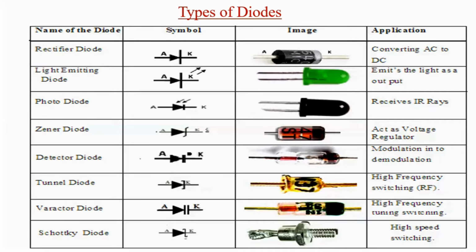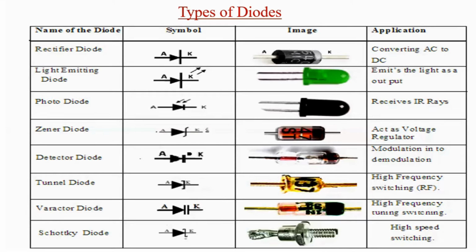We call it an IR diode or IR receiver. In the Zener diode, on the cathode side you will have a bent line, so you can make out it's a Zener diode. What is the work of the Zener diode? It works like a regulator, used for voltage regulation.